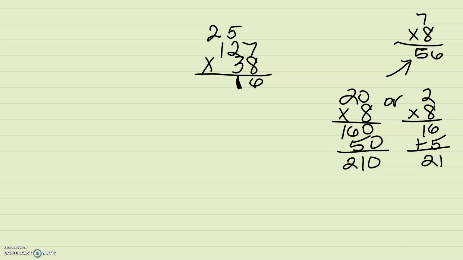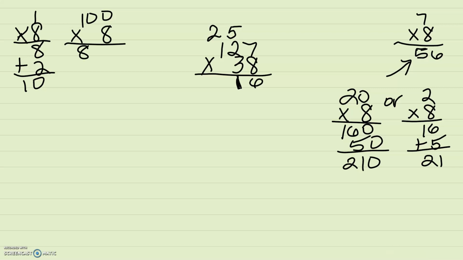I'm going to go over to the other side of the board here where I have some room. So I'm going to do 1 times 8. And 1 times 8 is 8. And then we have to add the 2 that we regrouped from our 21. And that gives us 10. Now, if you want to think of it in true place value form, then this was really 100 times 8.